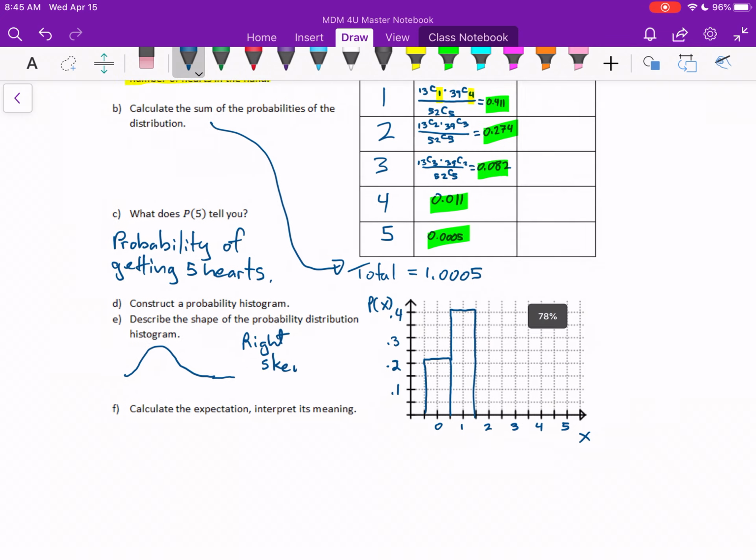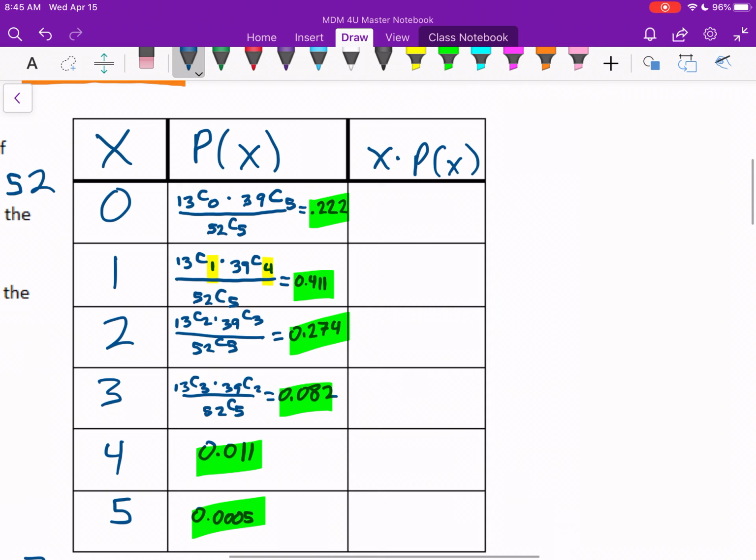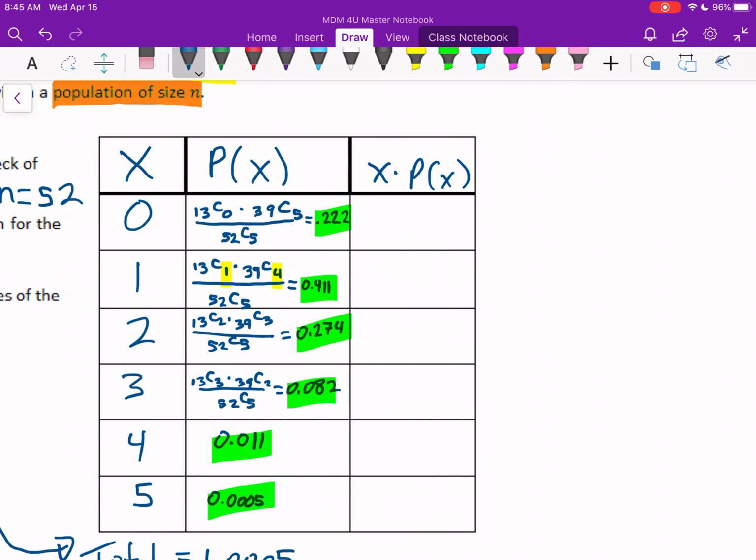Now calculate the expectation. Alright, so I guess I can do that here. I'm going to do x times p at x, or I won't do the whole expectation here, but I'll do some of it. So I do 0 times 0.2222. So that's obviously going to equal 0. And then 1 times 0.411 is 0.411. 2 times this is going to be 0.548.